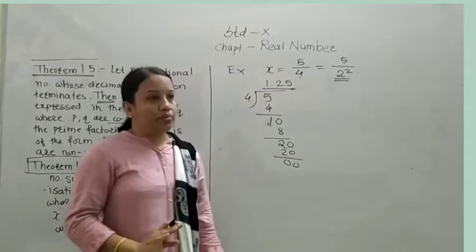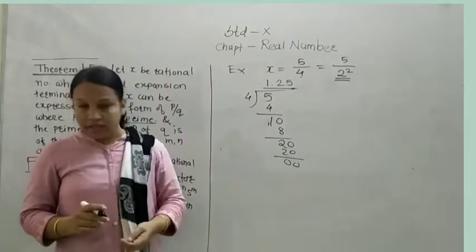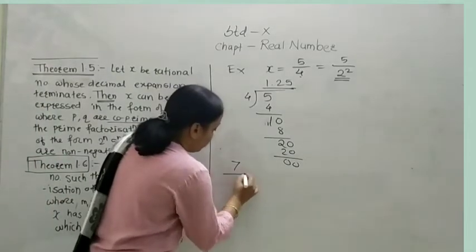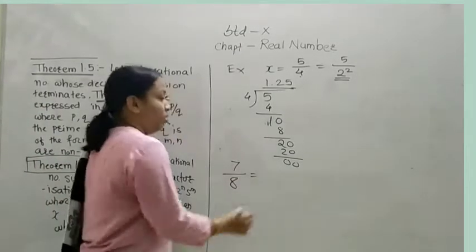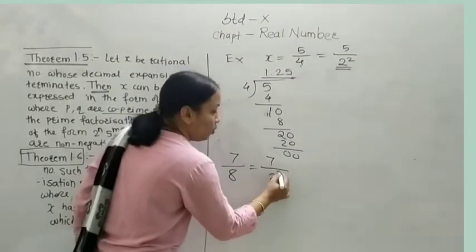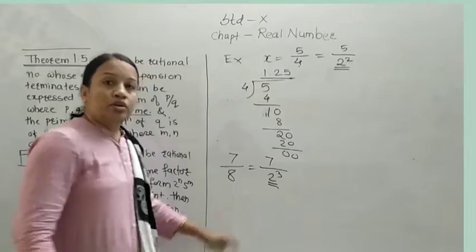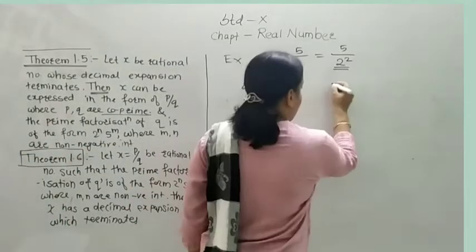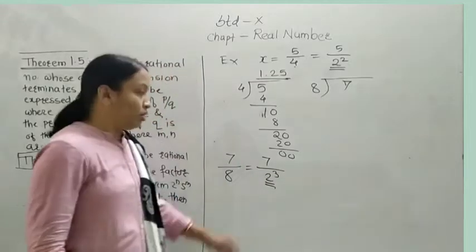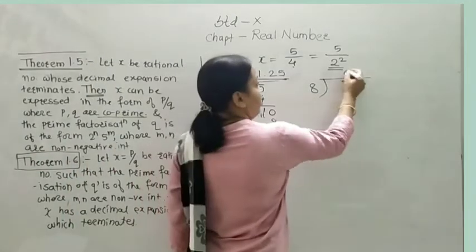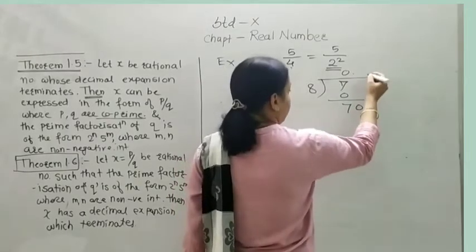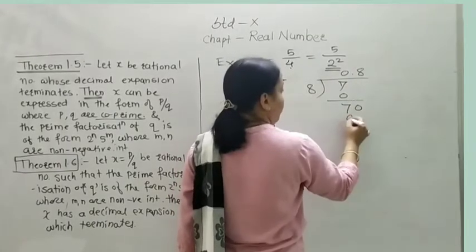We can take another example, that is now 7 by 8. Now 7 as it is, I know what 8 is: 8 is 2 cube. Again here is the power of 2 only. If you carry out the division, what you will observe? 8 zeros are, then 7, then 64.